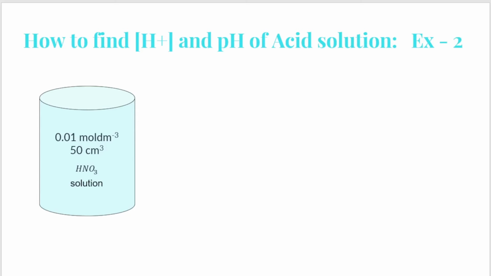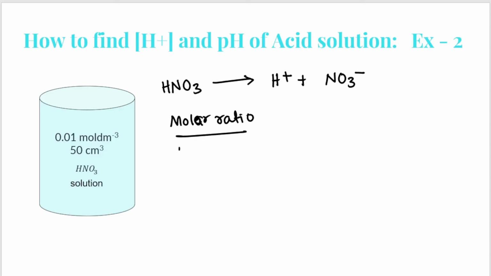Let's solve another question. In this question, we have a nitric acid solution of the same concentration as here. Nitric acid is also a strong acid, and therefore it dissociates into H plus and NO3 minus ions. Therefore, according to molar ratio, HNO3 to H plus again has a ratio of 1:1.